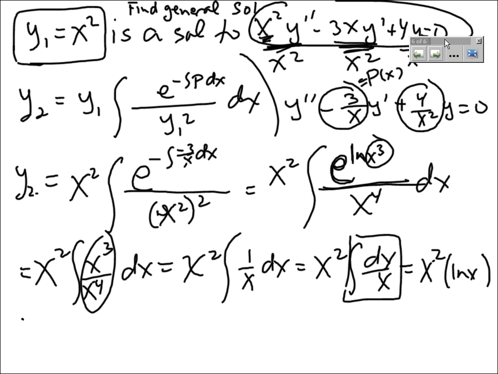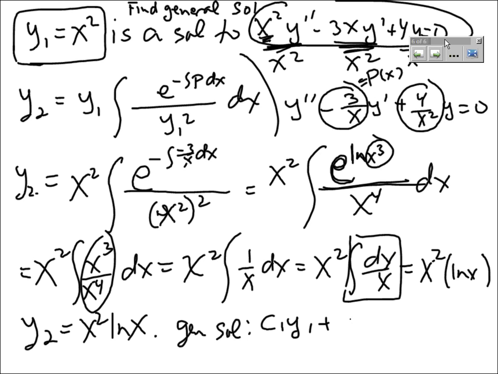And that is another solution. Now, the general solution will be a linear combination of the two. A constant c1 times y1 plus a different constant c2 times y2.